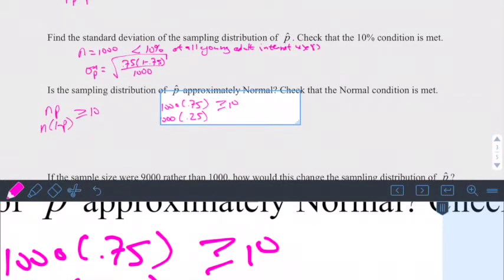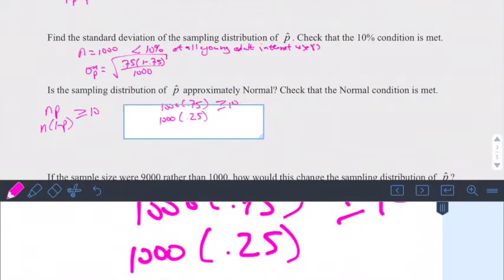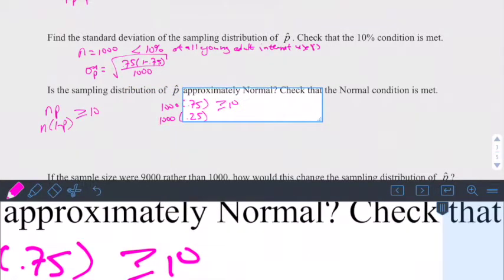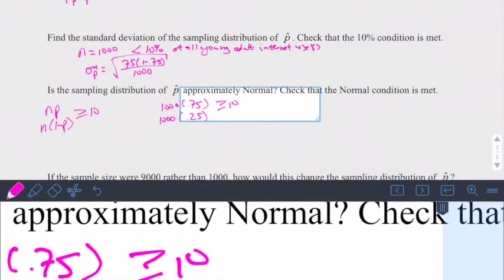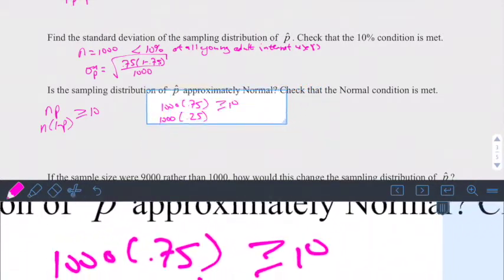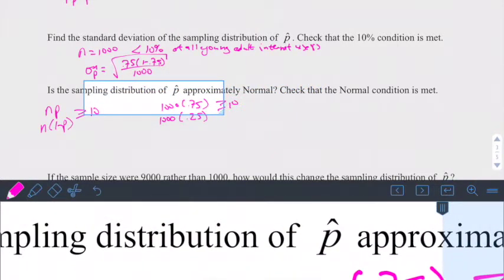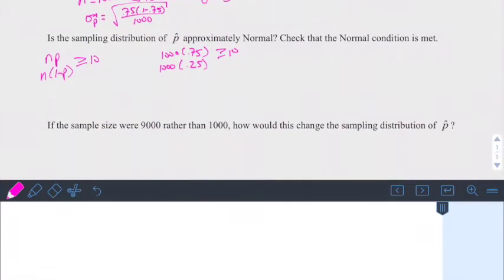We don't need to actually check this on our calculator. We know it's going to happen, right? Because 100 times 75 would be 75. So this would be 750 and this would be 250. Definitely greater than or equal to 10. So because the normal condition is met, the sampling distribution of p hat is approximately normal.